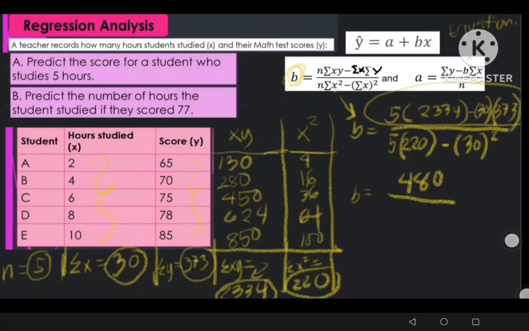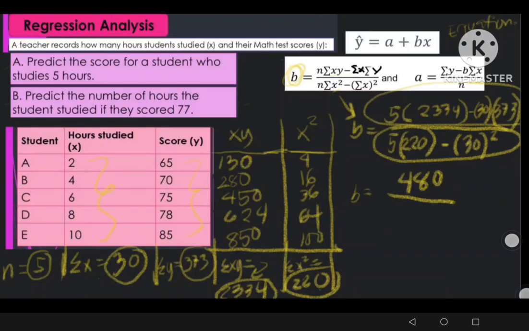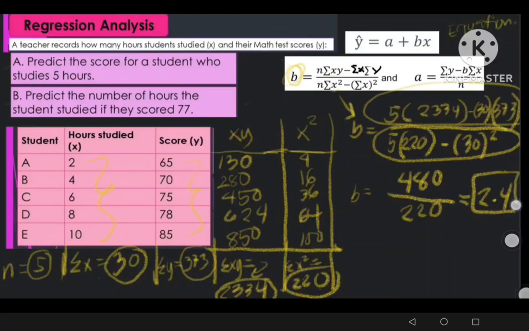Okay, and then in the lower portion, which is our denominator, just input all the given values there. The result, 5, open parentheses, 220, close, and then subtraction, open parentheses, 30, close parentheses, to the power of 2. Equal sign, you come up with 220. So if you're going to calculate 480 divided by 220, you come up with 2.4. So this is the result of our B.